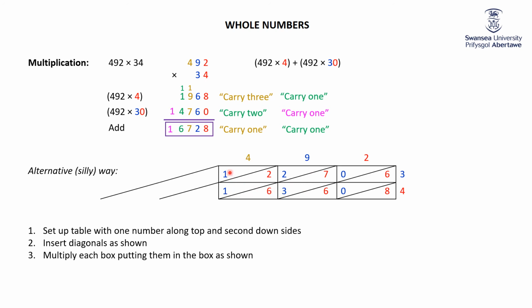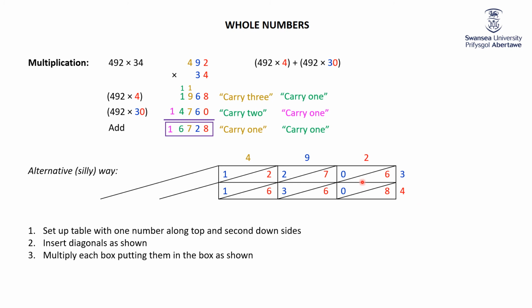So we end up with these nice little diagonal boxes, and the reason we've stuck them in diagonals is just because we're doing the multiplications each time, and that might be a 1 digit at the end. 2 times 3 is 6, so we put a 0 in there, or of course we might have 3 times 9, 27, so we have to put the 2 and then the 7. Now we add up those diagonals.